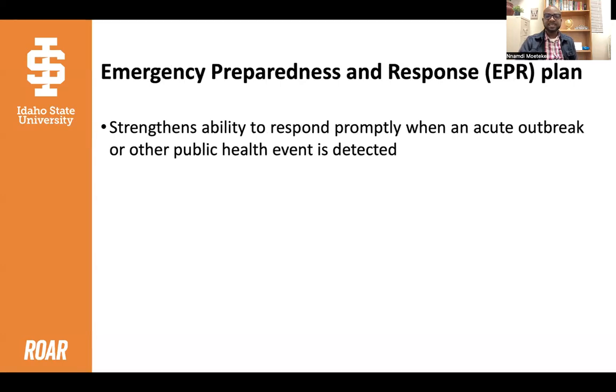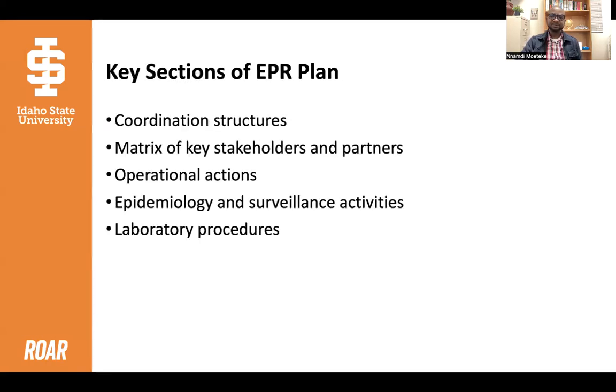Now we look at the emergency preparedness and response. The purpose of the emergency preparedness and response plan is to strengthen the ability of the districts or the state or the nation as a whole to respond promptly when an acute outbreak or other public health event is detected. So there are key sections of the emergency preparedness and response plan.